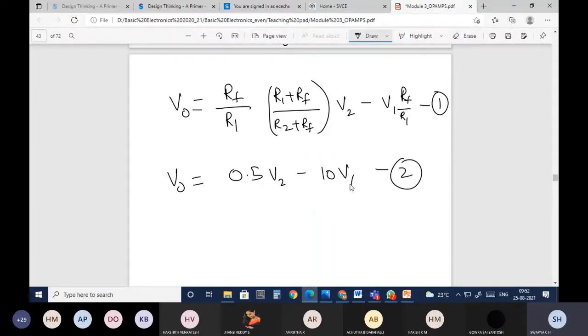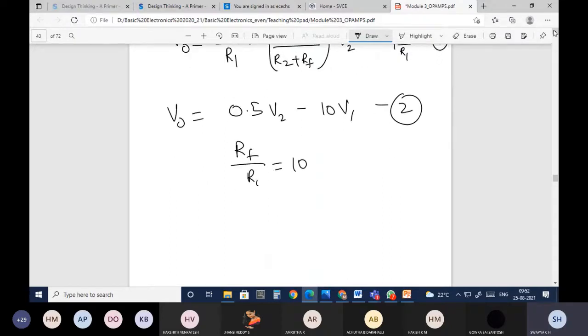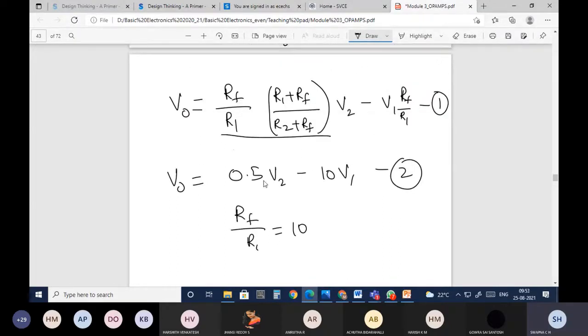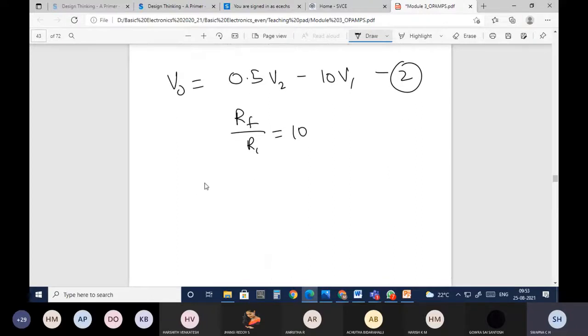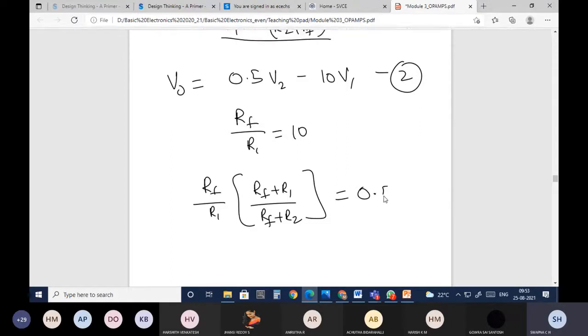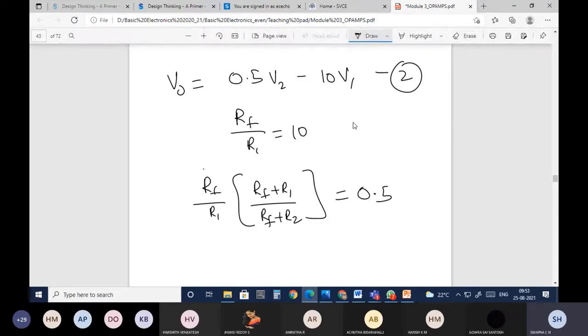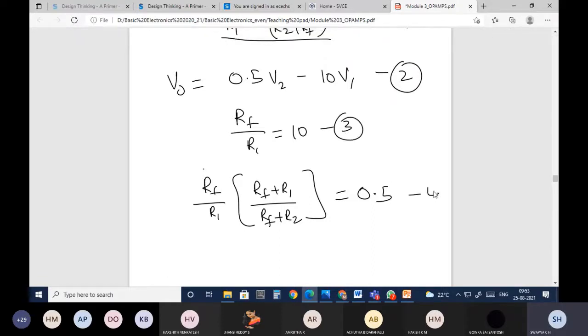Equation 1 and equation 2. If you compare them, you will have RF by R1 equal to 10, and the other one is this complete thing equal to 0.5: RF by R1 into (RF plus R1 divided by RF plus R2) is equal to 0.5. This is what he has given. I'll name this as equation 3, and this as equation 4.